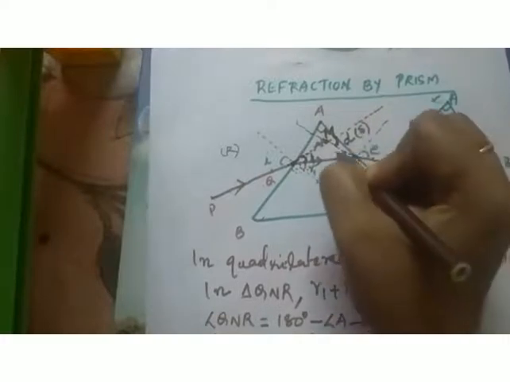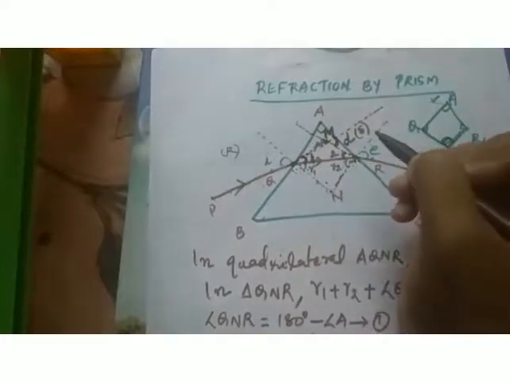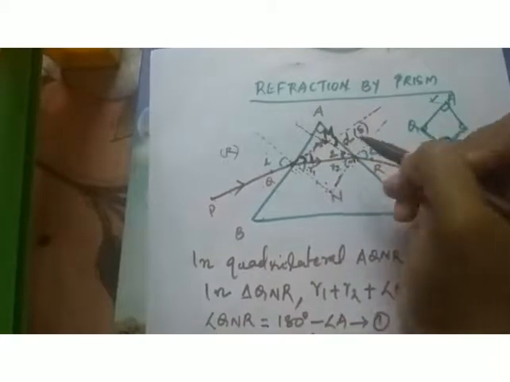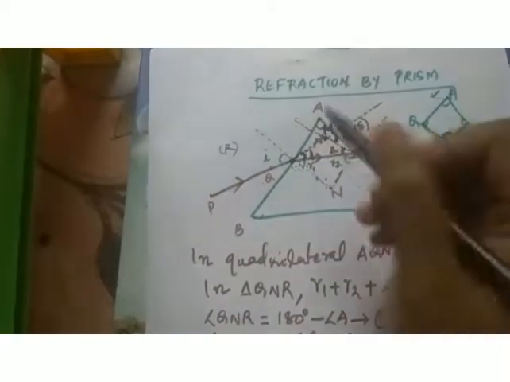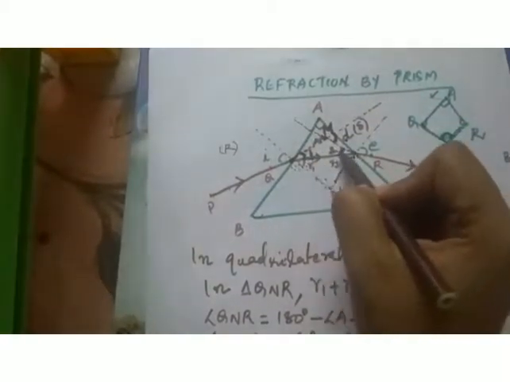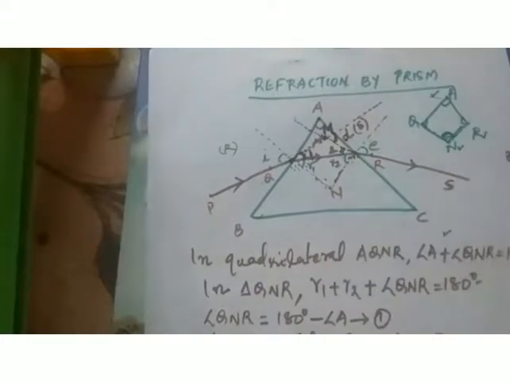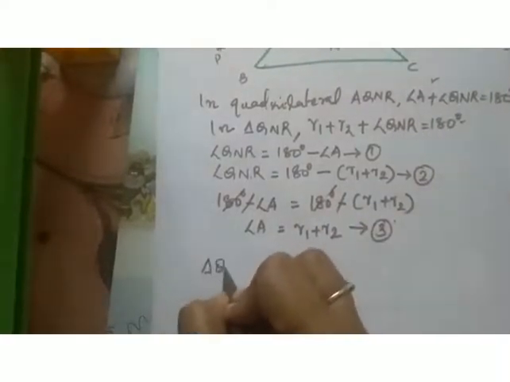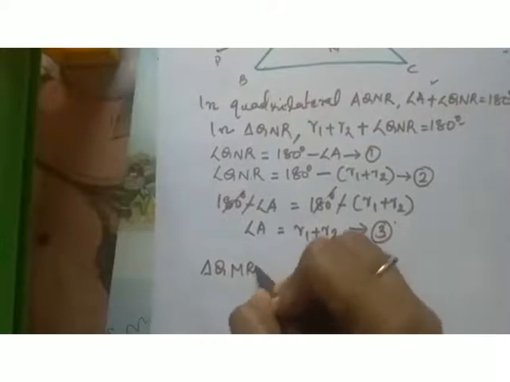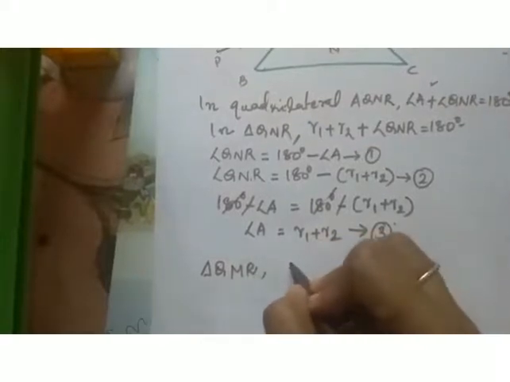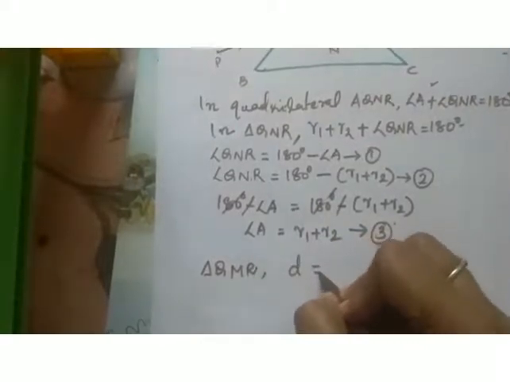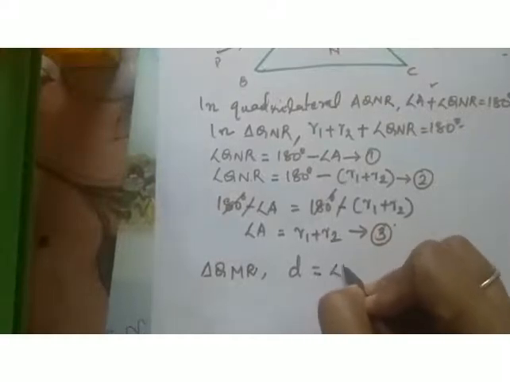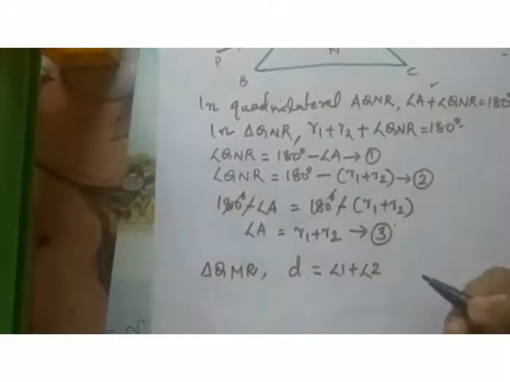So this interior angle, let it be 1, and this interior angle, let it be 2. Okay, so the interior angles are 1 and 2. So we can write 1 plus 2 equal to exterior angle D, isn't it? So from triangle QMR, exterior angle D or delta is equal to angle 1 plus angle 2.